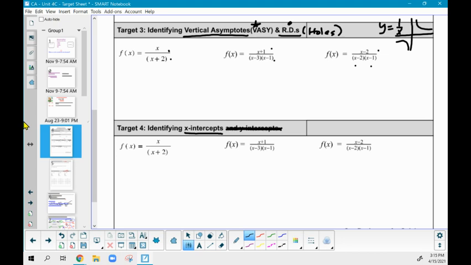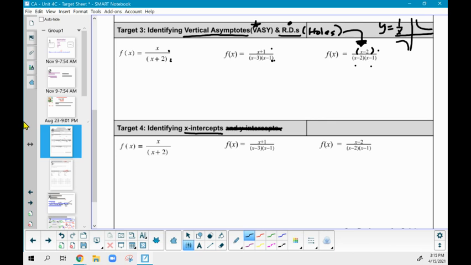So compare the top to the bottom, and the top to the bottom. If you look at the third one, there is something in common. That is the case where we have a hole. I'll come back to that in the end, but notice they do look similar, and when there's something in common, that's a hole. So I will do that later.